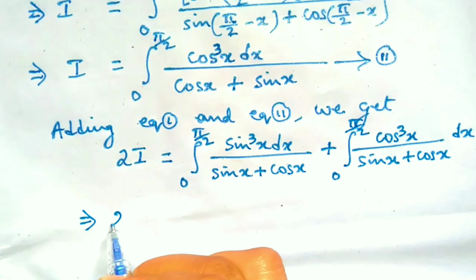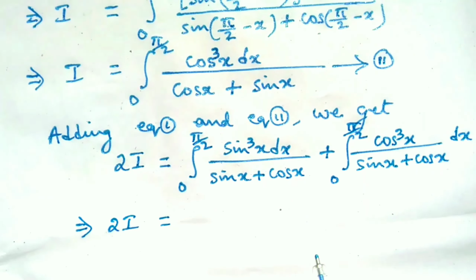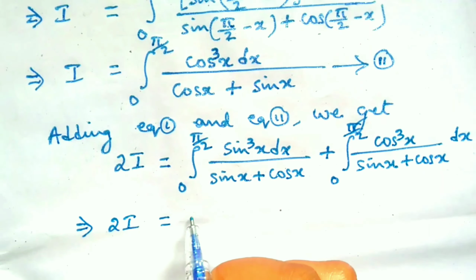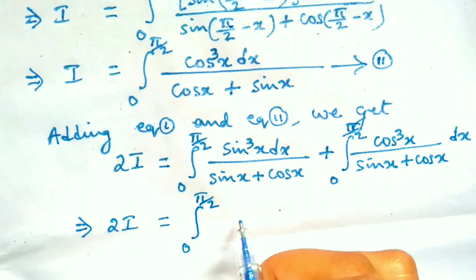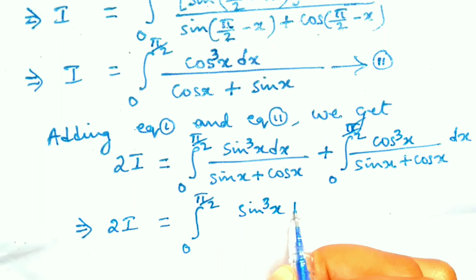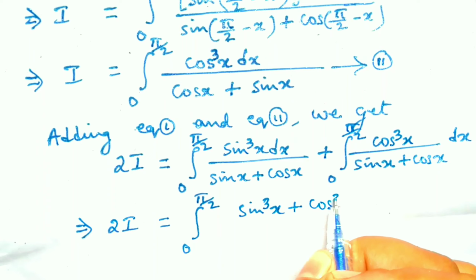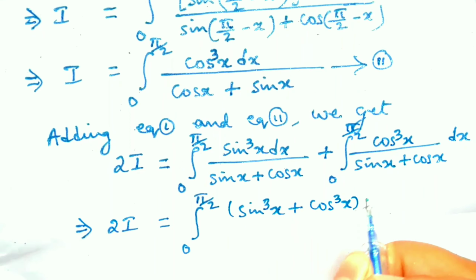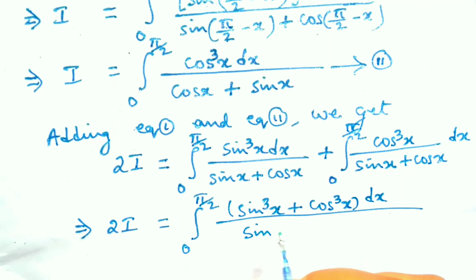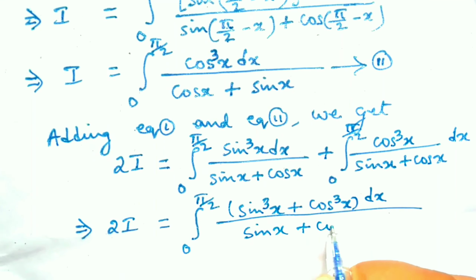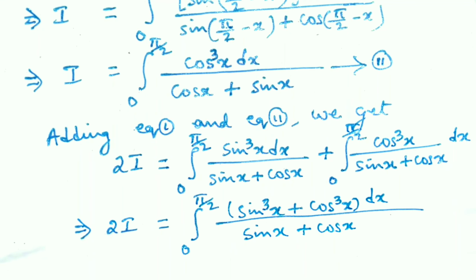This implies 2I is equal to, for these two I can simply write integration from 0 to pi by 2 (sine cube x plus cos cube x) dx divided by sine x plus cos x.